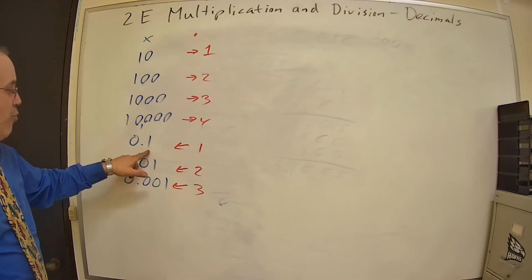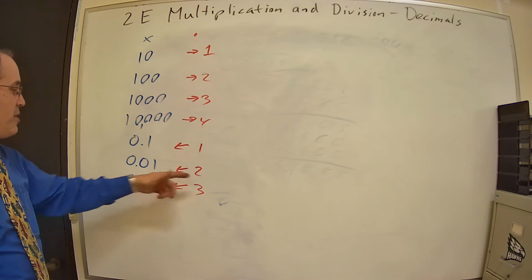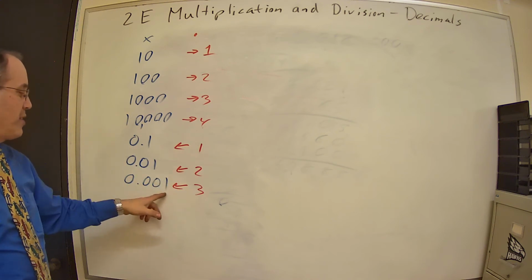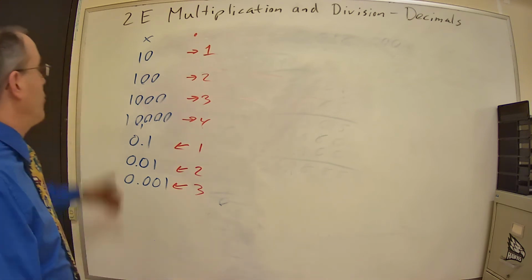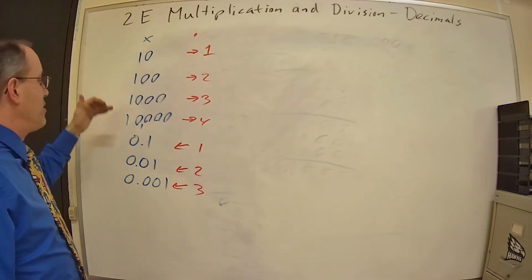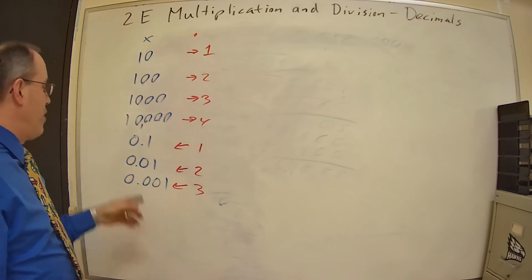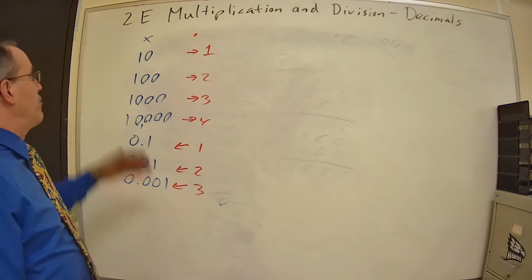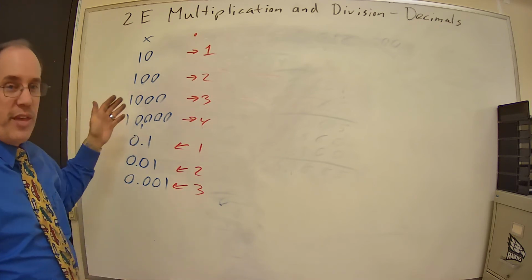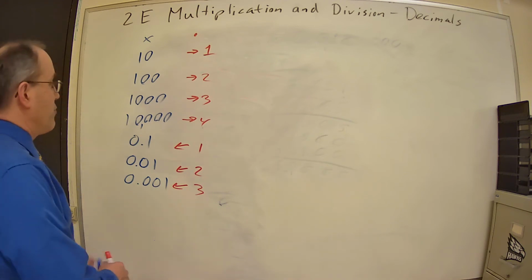So 1 decimal place, you move to the left by 1. 2 decimal places, move to the left by 2. 3 decimal places, move to the left by 3. And realize this only works when you're dealing with 10, 100, 1,000, 10,000, 100,000, right? 1 followed by zeros, or decimal point followed by zeros and 1. It does not work if you're dealing with 20, 200, 2,000. Doesn't work anymore. Okay, so this is very specific.